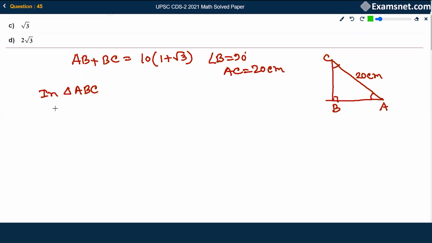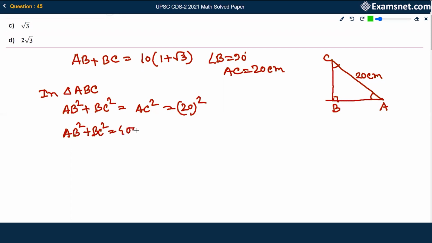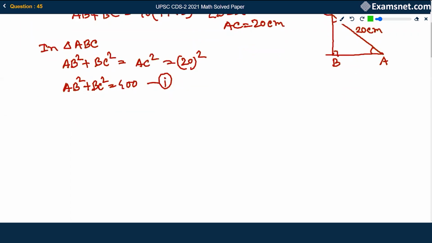So by Pythagoras, AB square plus BC square equals AC square, which is 20 whole square. That means AB square plus BC square is 400. Let's name it equation number 1.